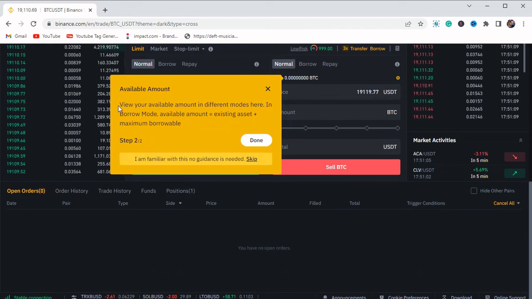Available amount: view your available amount in different mode here. In the borrow mode, available amount is equal to existing asset plus maximum borrowed. What they are just trying to say is that when you are entering the trade, the money that is in your Binance cross margin is equal to the ones that you have used to enter the trade.